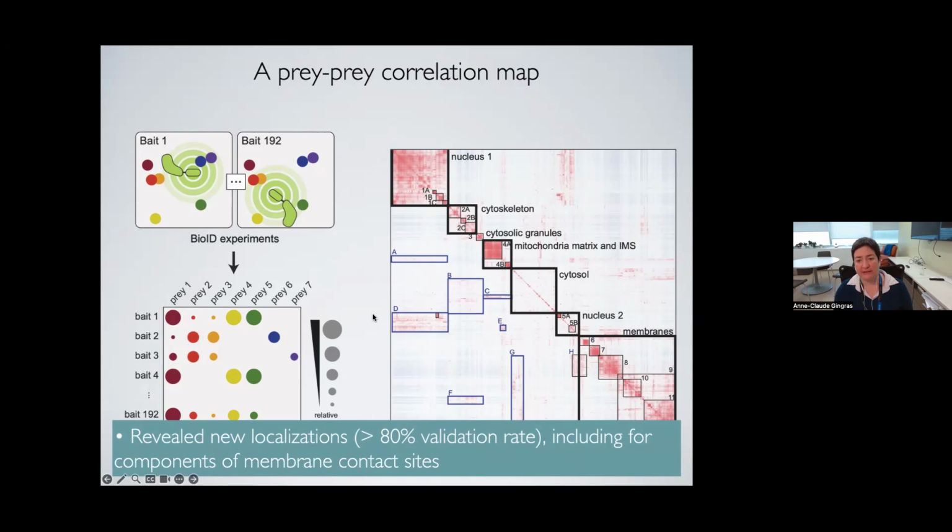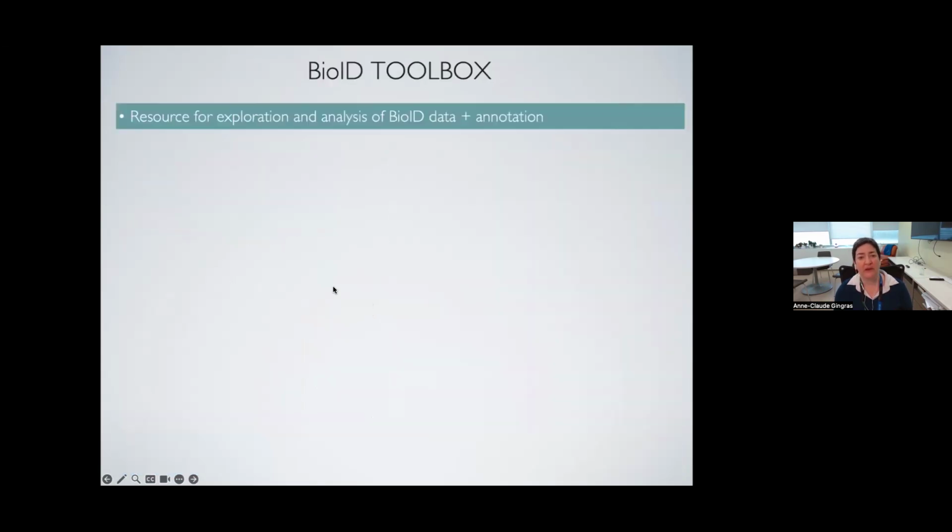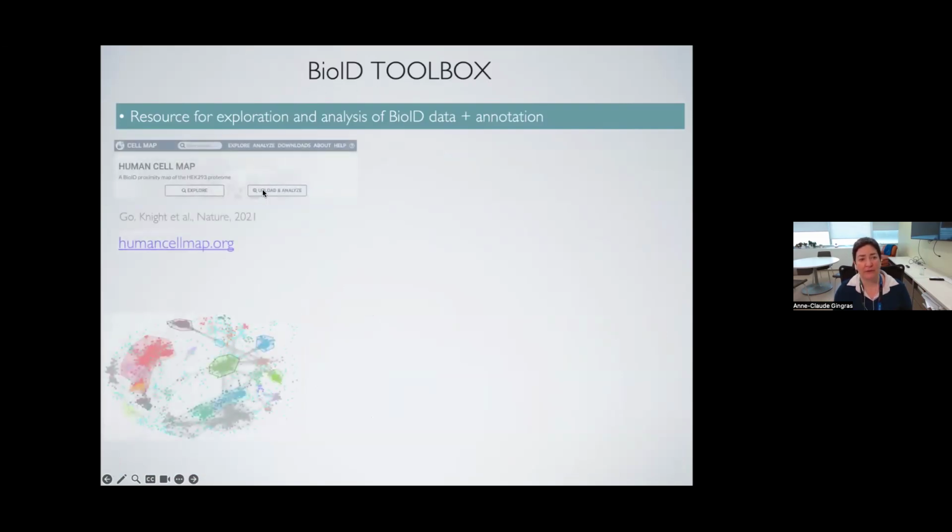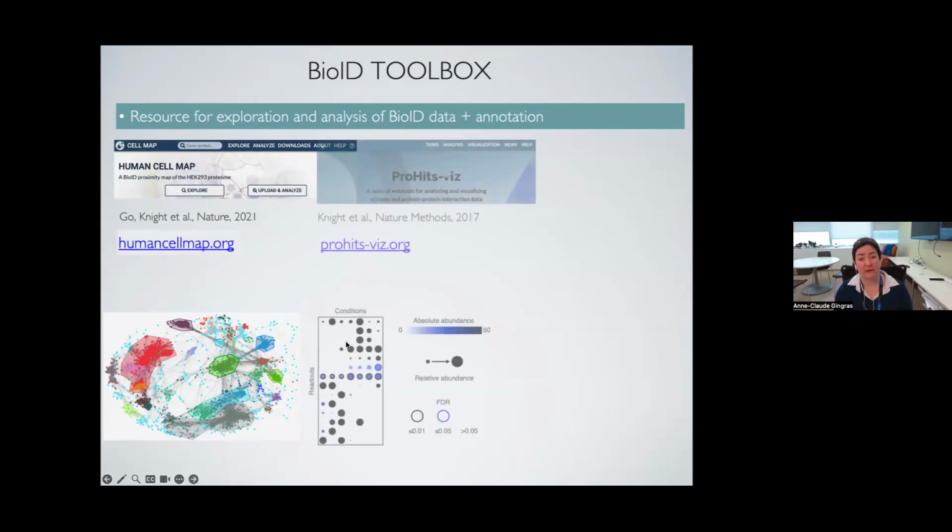But the problem with this particular approach is the way that we went at it was actually a little bit cumbersome, and I'll get back to that in a minute. So at the end of the day, this particular effort gave us a BioID toolbox. We have a really nice website that enables people to explore this proximity map of the proteome, and also use that as a resource to analyze your own data.